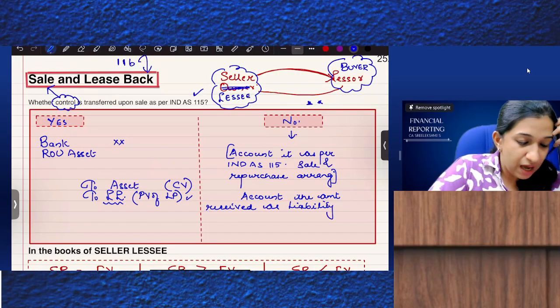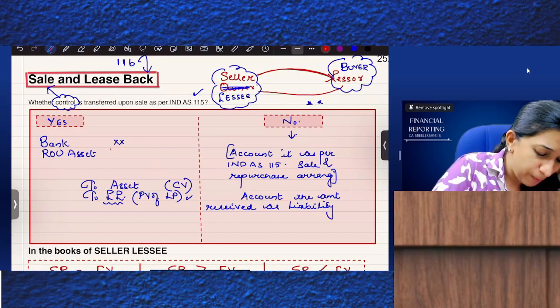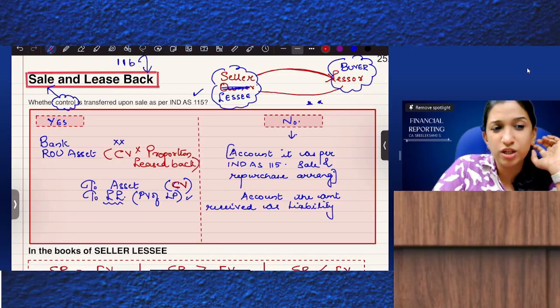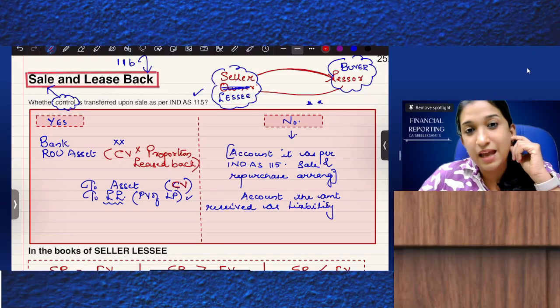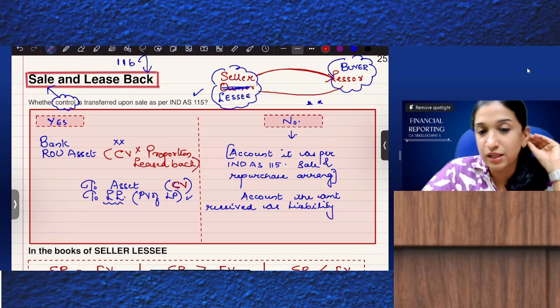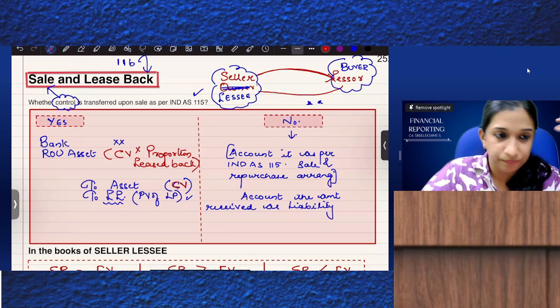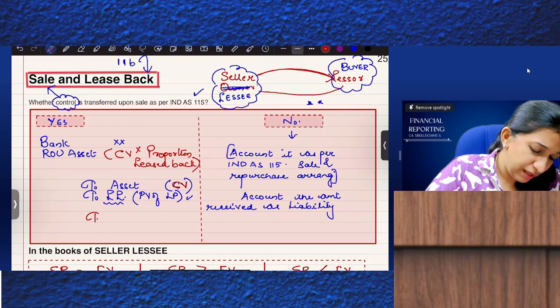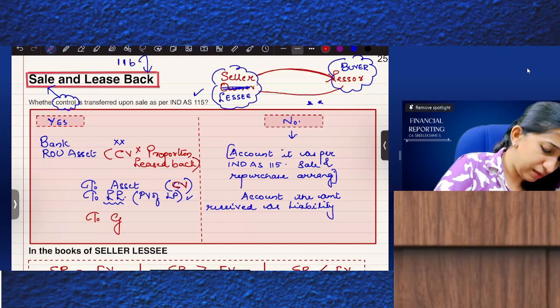No. The ROU asset's value is equal to carrying value into the proportion leased back. How much proportion you leased back? Carrying value, this is 100%; carrying value into proportion leased back should come as the asset. Gain or loss to P&L.